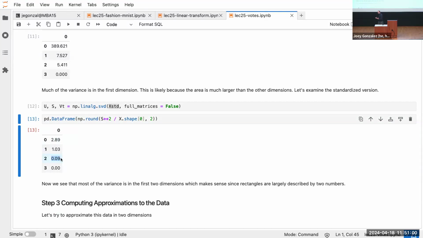I standardized my data, but there's still information there in that last dimension. I can't recover the full data with just 2 dimensions. But I'm pretty close because area, at least when these things are small, is pretty close to a linear approximation of width and height. Okay, so if I made this data bigger, I had giant rectangles, I'd have more and more loss, more and more error.